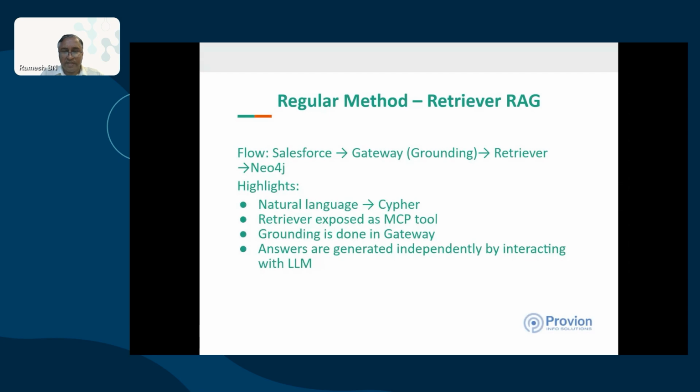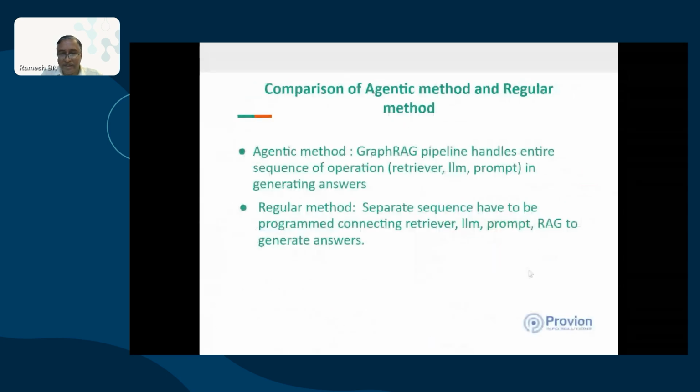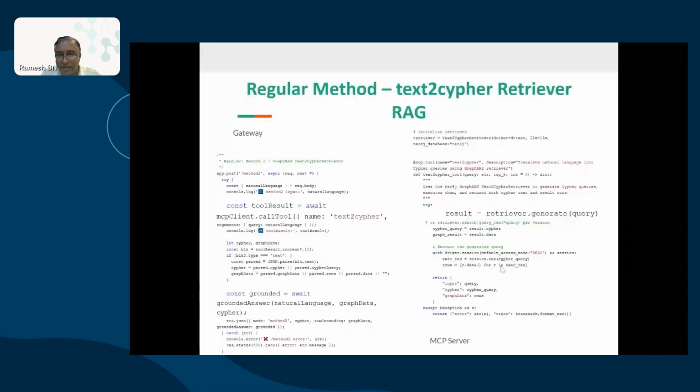In the regular method, it is more cumbersome. We have to do manual text-to-Cypher, and then the retriever will generate the output, and then it will do the Neo4j query, and then we have to ground it manually. This is the normal method, whereas in the pipeline, all these things are taken care of by one function.